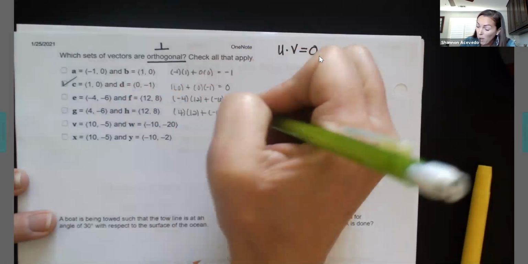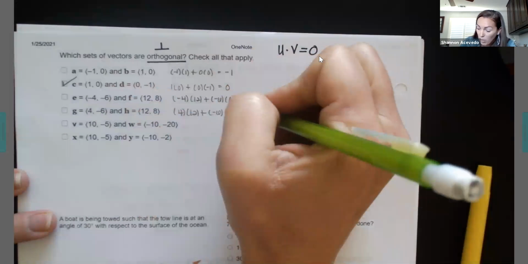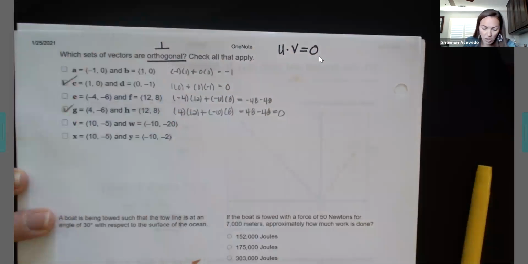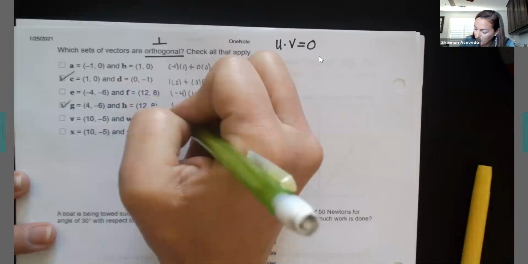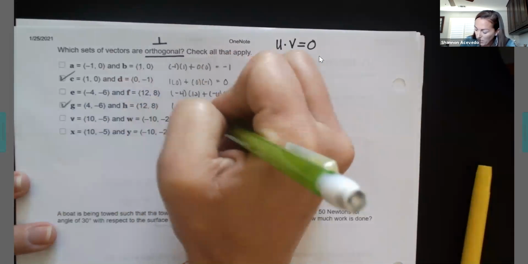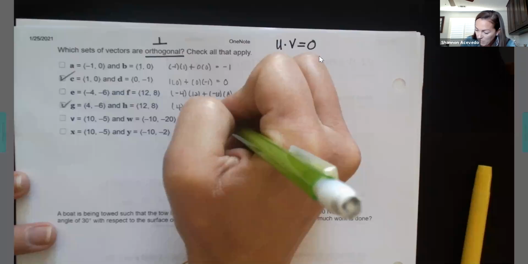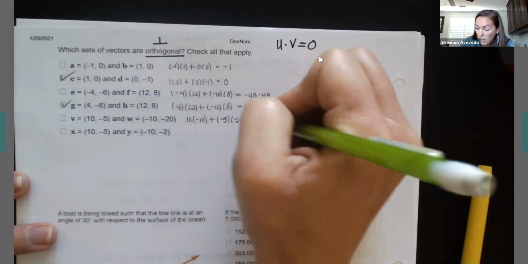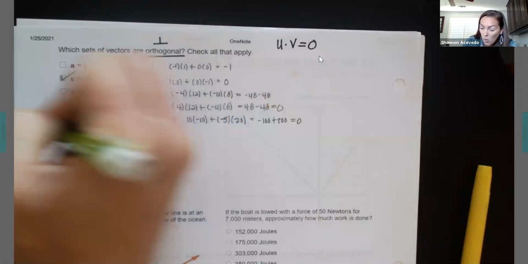So this is going to give me positive 48 minus 48, which is my 0. Yay! That one's orthogonal. My next one, 10 times -10 plus -5 times -20 is going to give me -100 plus 100, which is equal to 0, orthogonal.